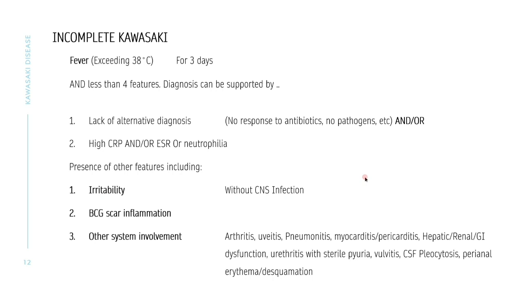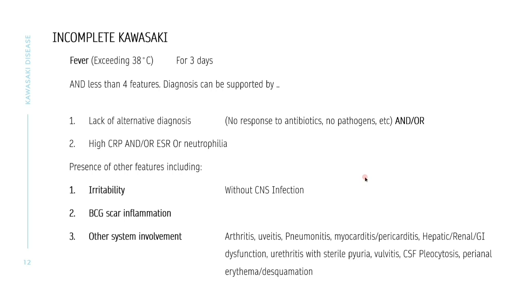And in the meantime, you've got inflammatory markers that aren't really settling or improving. There are other features whose presence also points towards incomplete Kawasaki, like irritability without apparent CNS infection and other system involvement as well.